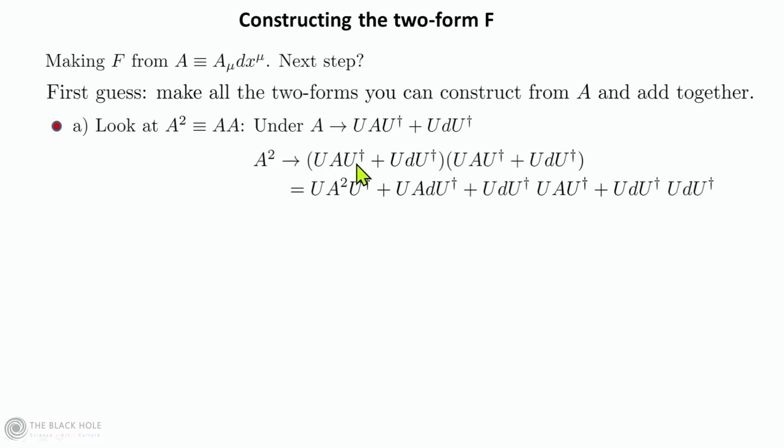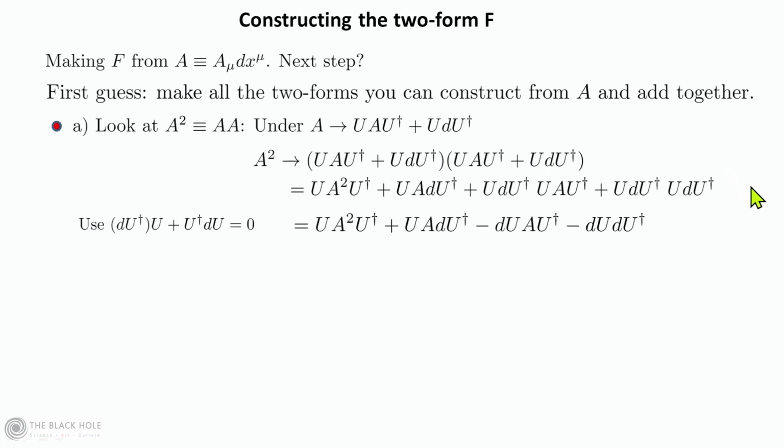So U A U dagger, U A U dagger. So that gives you U A squared U dagger. Then take this into that, and that gives you U A dU dagger. So this dU dagger is here, and then take this thing, which is this, and finally take U dU dagger, U dU dagger. So it's pretty straightforward there.